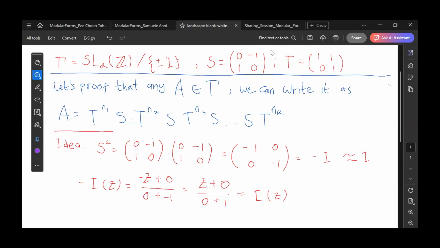Which means that in this multiplication, S squared is trivial, because if we pair two S together, it will disappear. Which means that if S appears in this multiplication, it will only have the power of one.